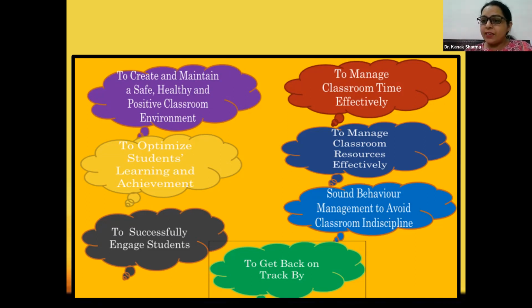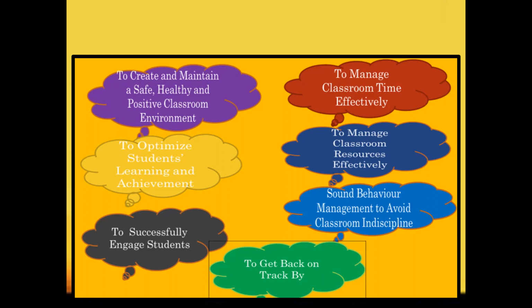A positive environment will be created only when the proper sitting arrangement is there. If your strength is 30 and you have arrangement for 32 or 35 students, it is okay. But if you have 100 students and sitting arrangement for only 30 or 50 or 60, then there will be mismanagement. Students will not be able to sit properly, and they will create problems in your classroom.